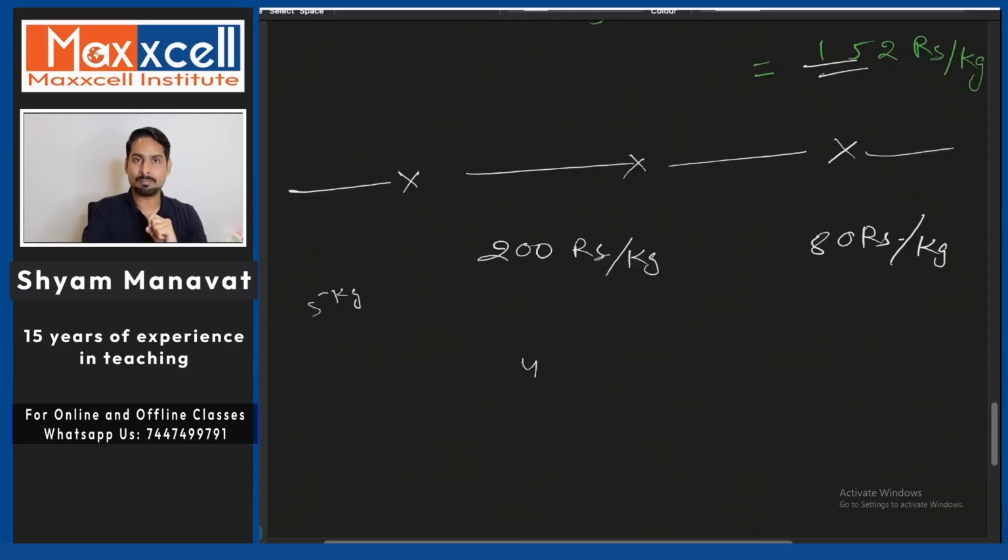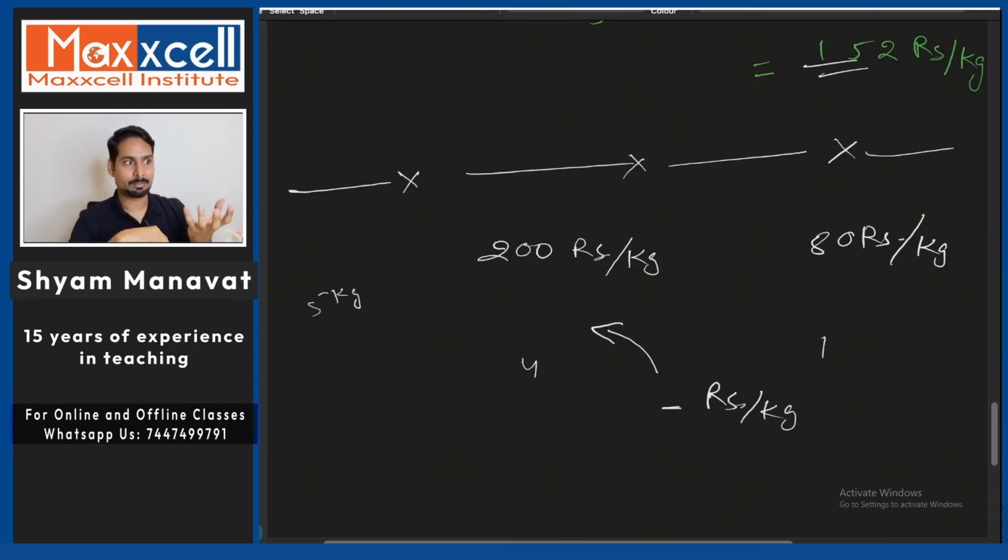Now suppose you have 4 kg of this and 1 kg of this, the mixture cost will be more inclined towards 200. Isn't it obvious? If you're mixing more quantity of cashews, the mixture price per kg will incline more towards 200.